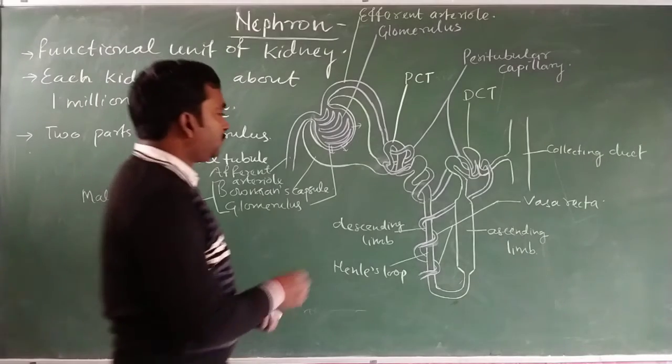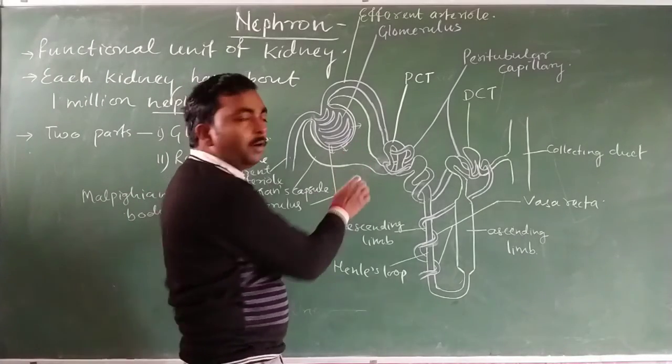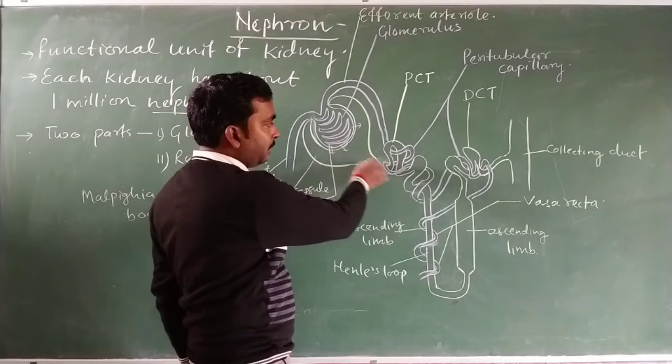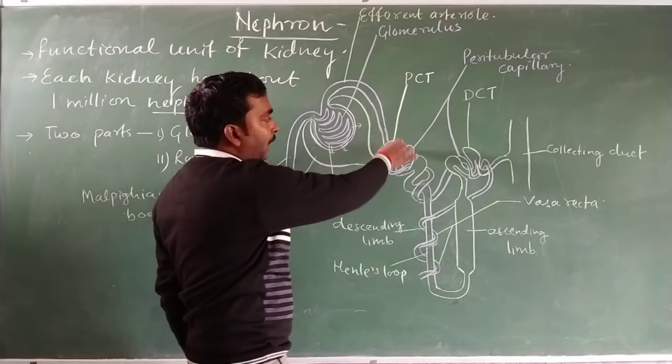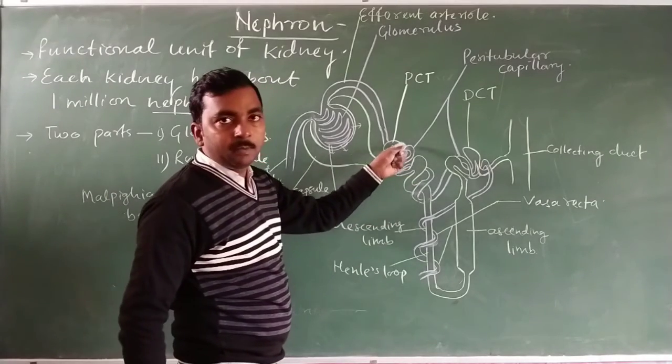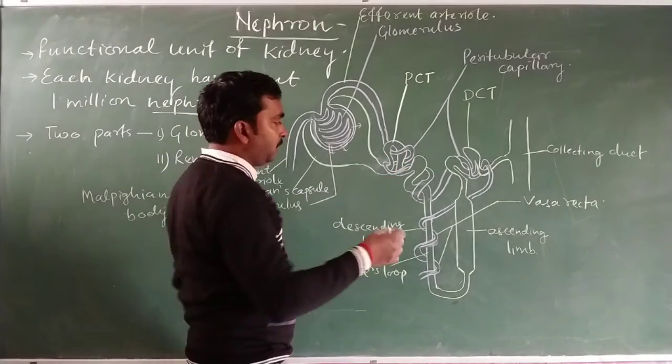So after filtration, the filtrate runs to the PCT, and around the PCT the network of blood capillary ensures the process of reabsorption.